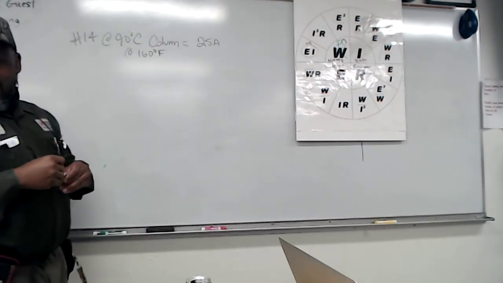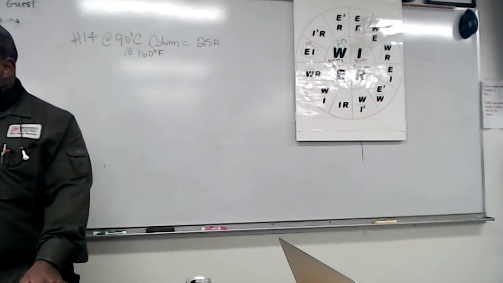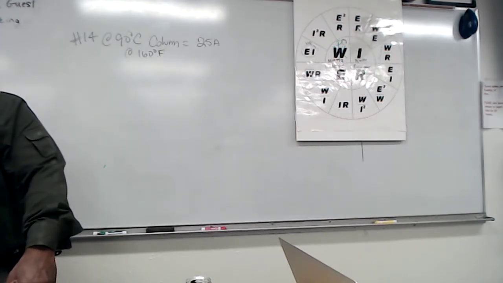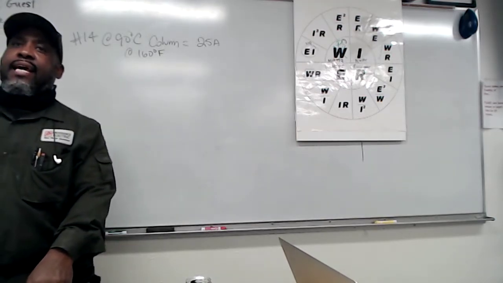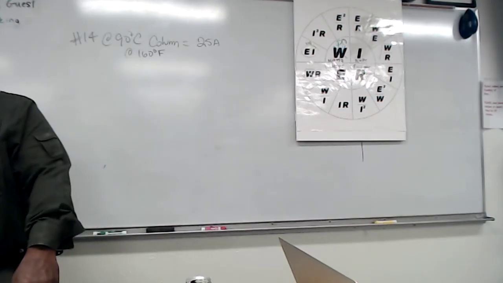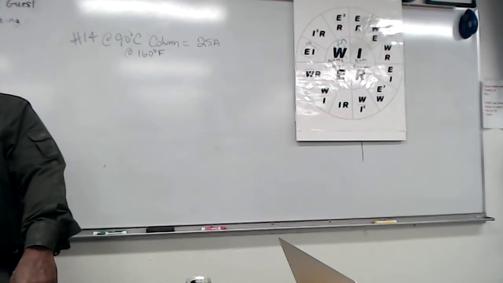I'm going to look on the side that has Fahrenheit, and I'm going to find 160 degrees. 160 degrees is going to be between 159 and 167. So I'm going to go to the 90-degree column, and I'm going to put 0.50.